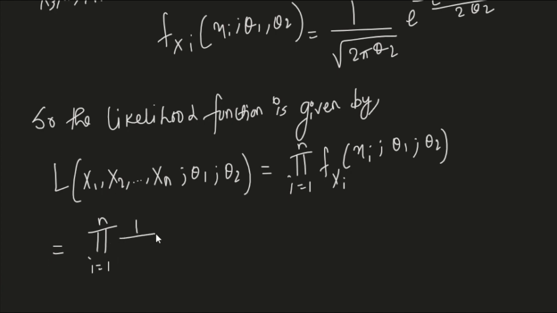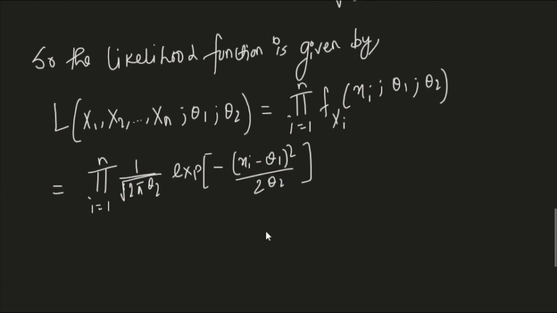So this gives us, since the 1 by root over 2 pi theta 2 is a constant independent of i, this equals (2 pi theta 2) to the power minus n by 2, and the exponentials are all multiplied, so the product of exponentials simply adds up the arguments.